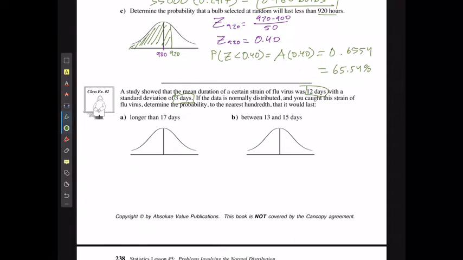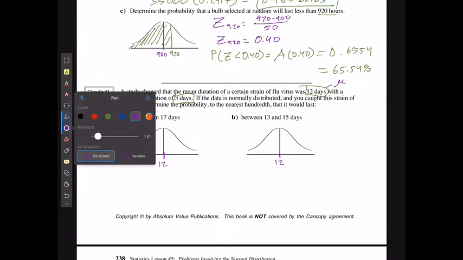Well, first I'm going to start by saying that if my mu was 12 days, I can start the chart on both sides with 12 in the middle. In the first case, it's asking if it is longer than 17 days.